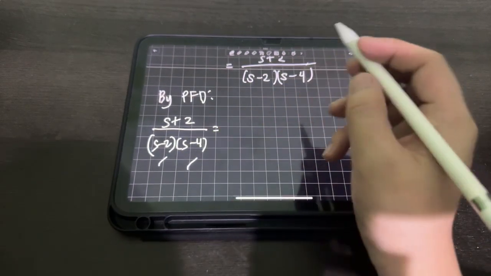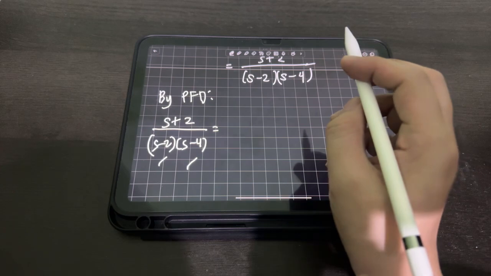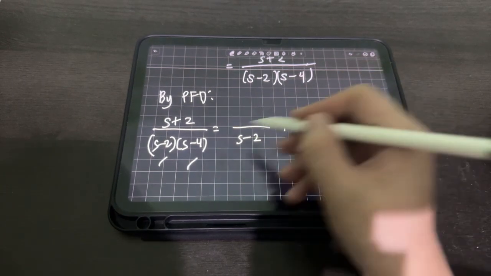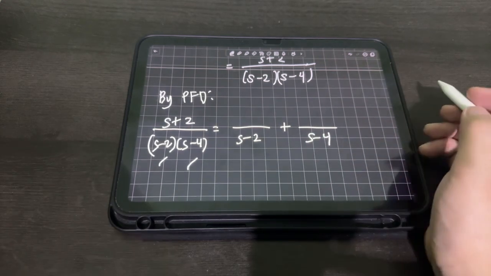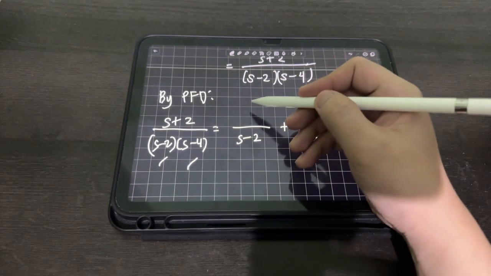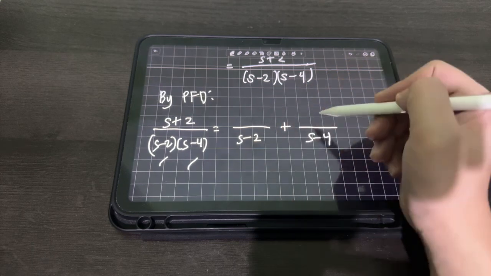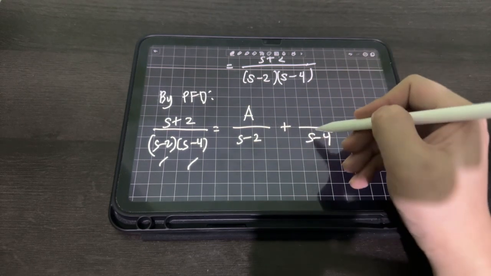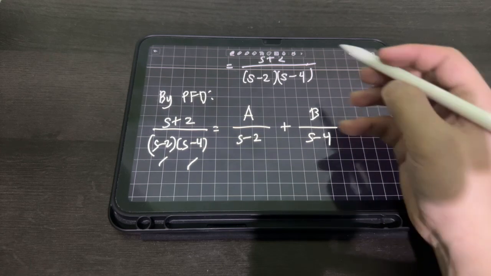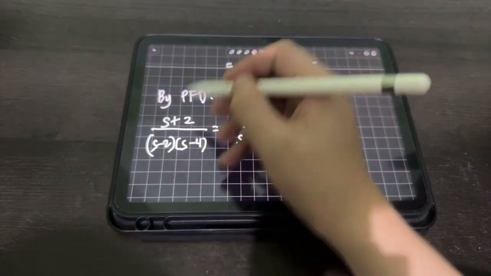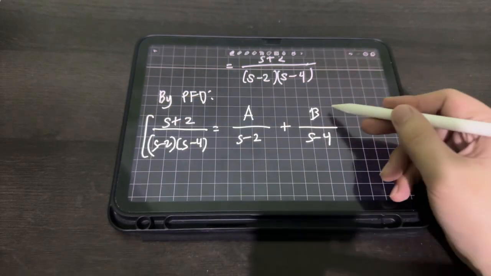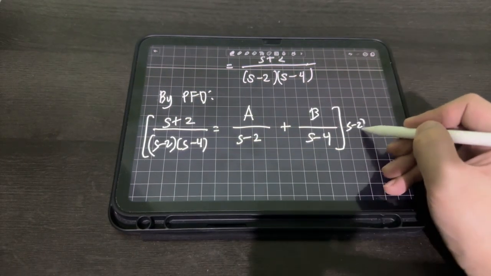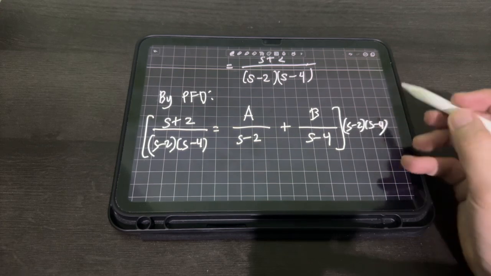So linear factors s minus 2, s minus 4. You will have over s minus 2 plus over s minus 4. And then just put an unknown constant in the numerator, let's say for s minus 2 capital A, and for s minus 4 capital B. Then we multiply both sides by the LCD, which is the original denominator, s minus 2 times s minus 4.